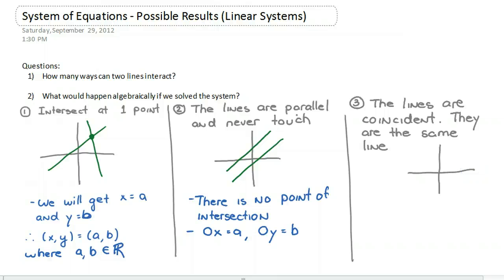Let's draw one line in blue. So there's the one line, and we draw the other line. Let's draw it in red. It's right on top. Okay, and in this case, there are an infinite number of points of intersection.